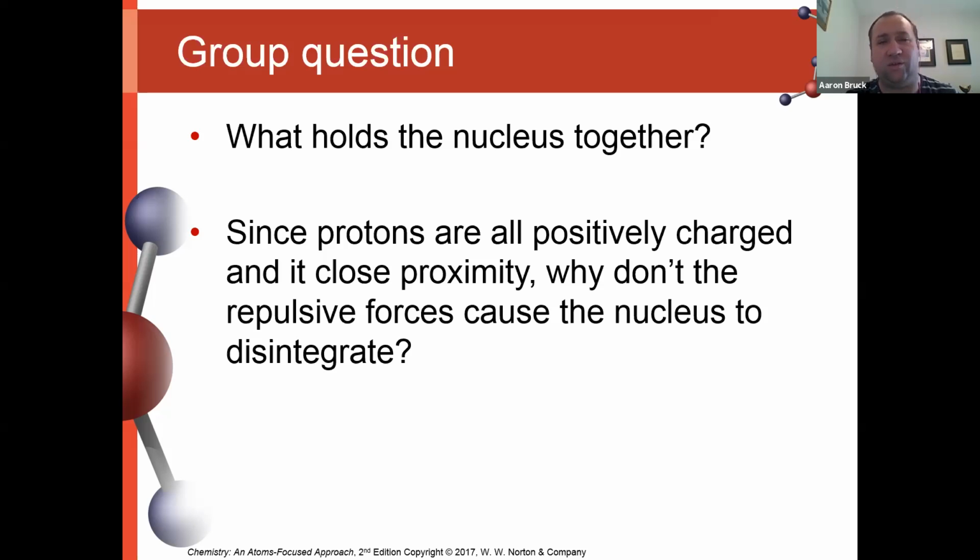Why doesn't the nucleus fly apart, especially when we get into some of those heavier atoms that have so many more protons? You've got all those protons in a really tight confined space. Why don't they break apart? Why don't they fly apart and just stay separate?